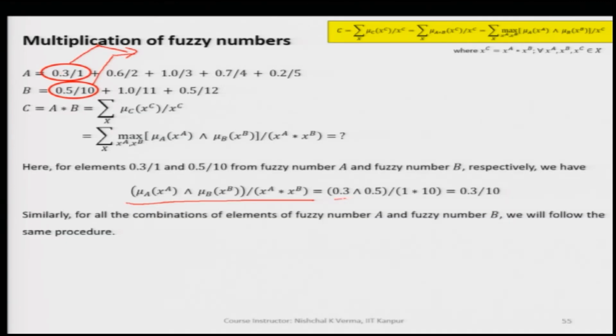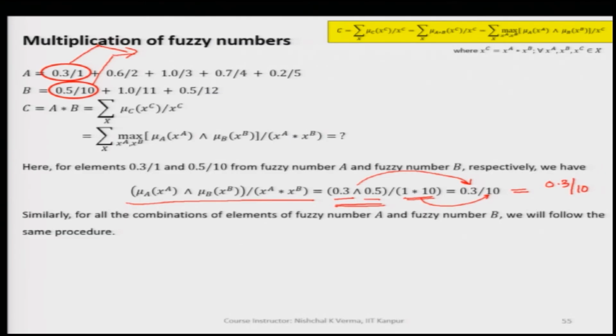When we substitute here and take the min, we find the min as 0.3, and 1 into 10, which are the generic variable values x a and x b respectively. When we multiply this, we get 10. So, this results in 0.3 oblique 10.